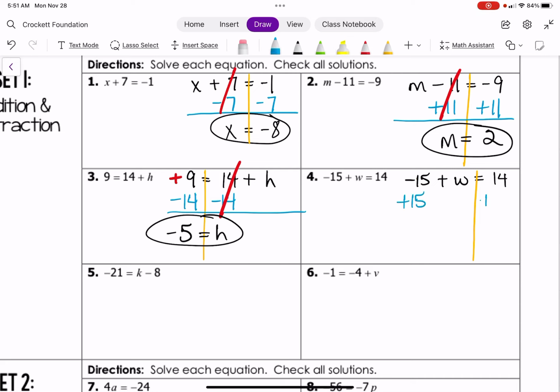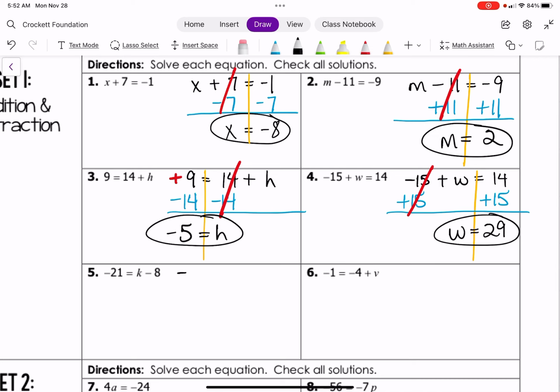And what you do to one side, you have to do to the other. When we add, the 15s cancel out. That leaves us with W. And then W will be equal to 14 plus 15, which is 29. Positive 29.